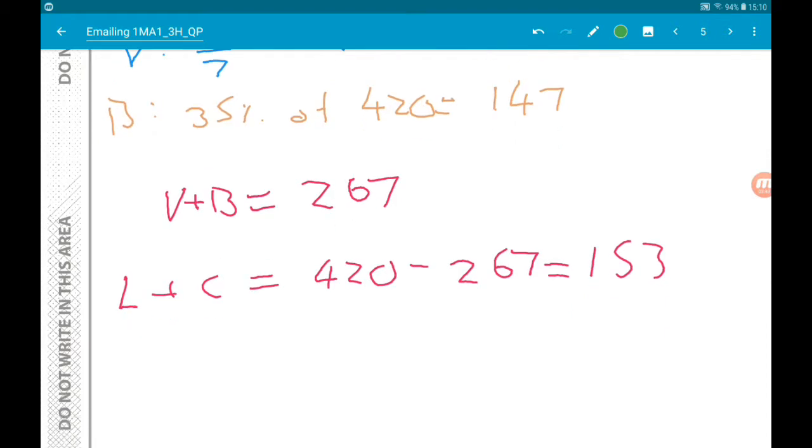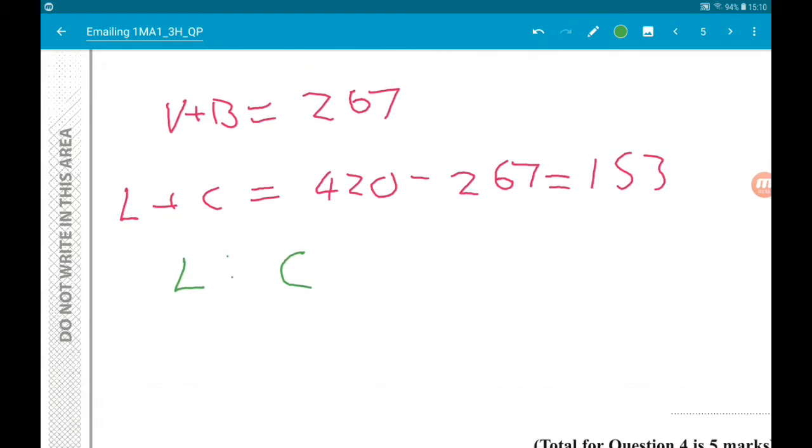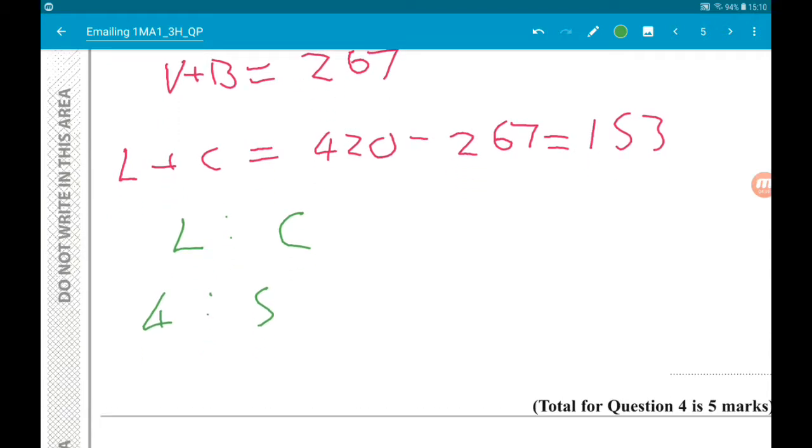Now we know that lemon to chocolate is in the ratio 4 to 5. So we need to split 153 in the ratio 4 to 5. So 4 and 5 is 9, so one lot of the ratio is 9 cakes. We then want to know how many lots of 9 cakes are in 153.